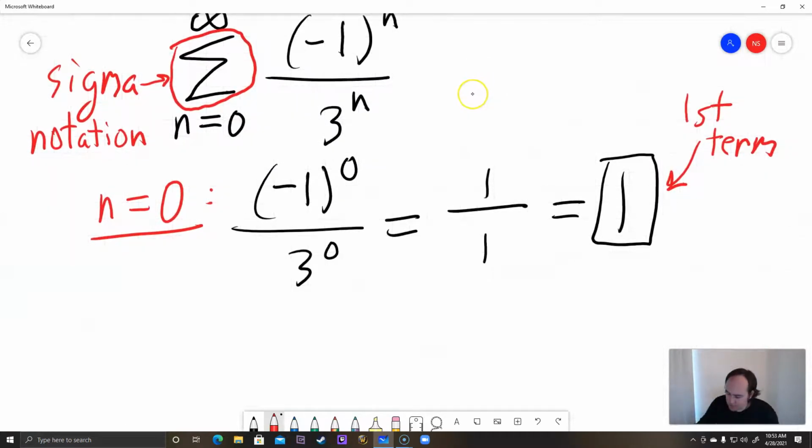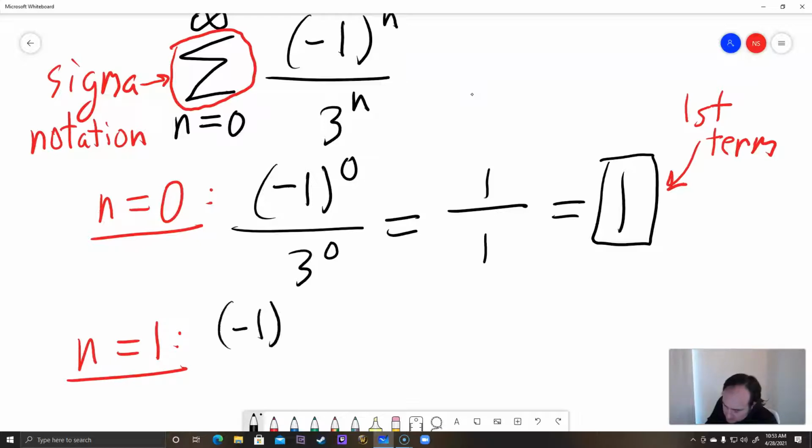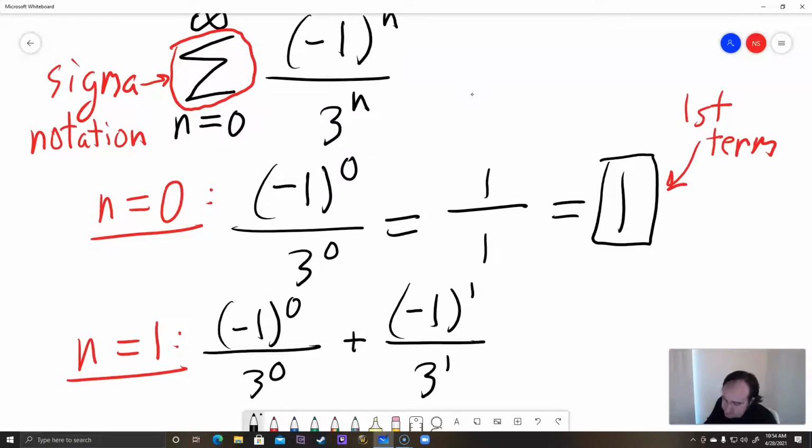So when n equals 1, because we're adding them up, it's actually going to have the first term, which we already calculated, which is negative 1 to the 0 over 3 to the 0, plus the second term, which is negative 1 to the 1 over 3 to the 1. Okay? And we already did negative 1 to the 0 over 3 to the 0. We know that that one is 1.